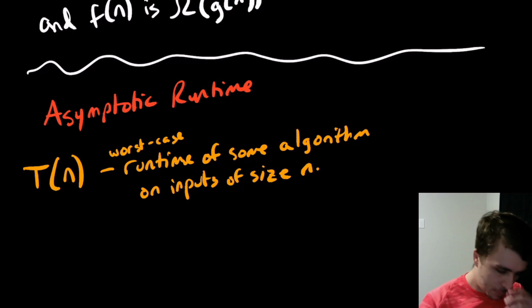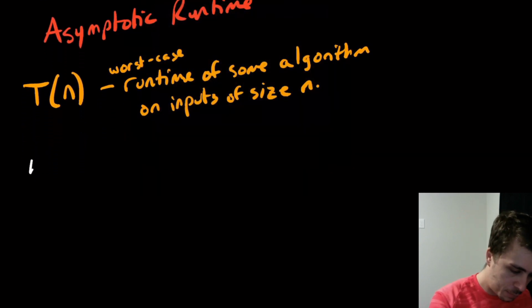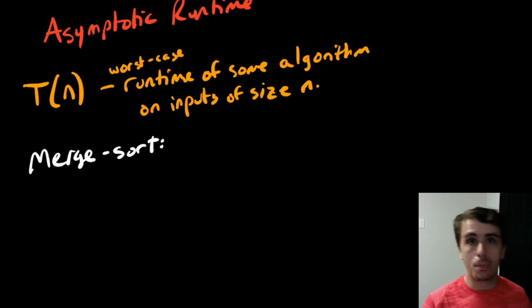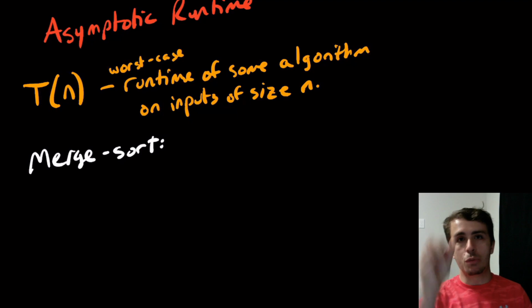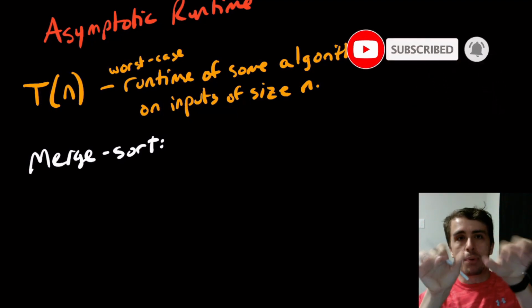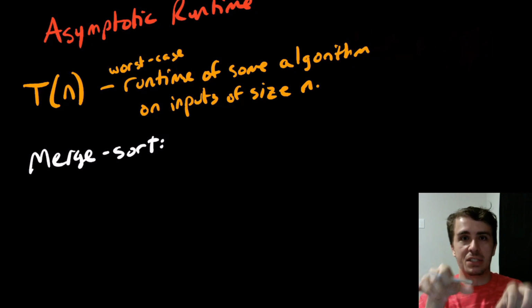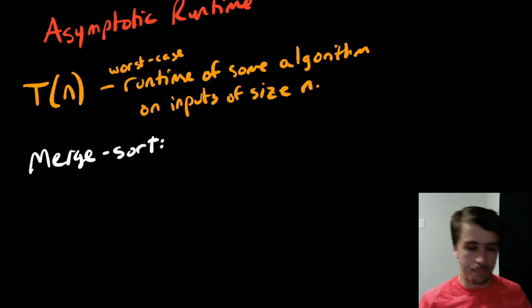All right, so what we saw with Mergesort, for example, remember what Mergesort did? We took an input of size n, let's say a list of size n, then we broke it into 2 pieces, sorted the individual 2 pieces of size n over 2, and then combined them.